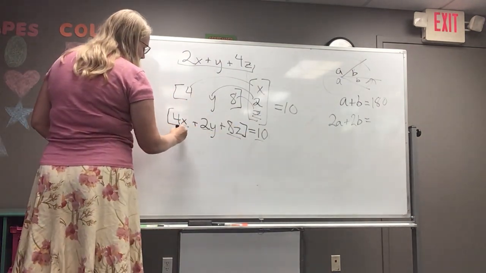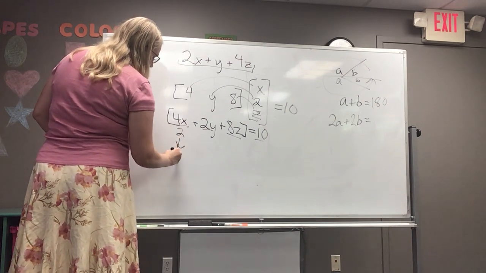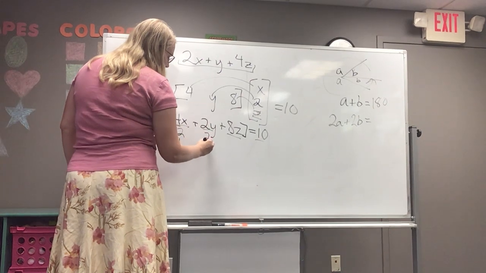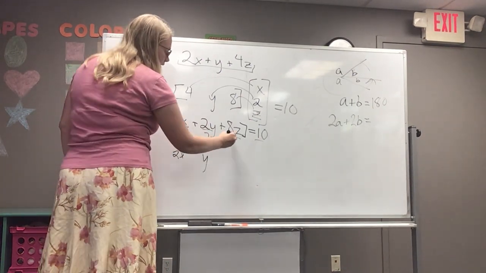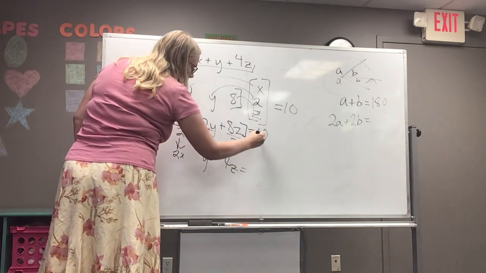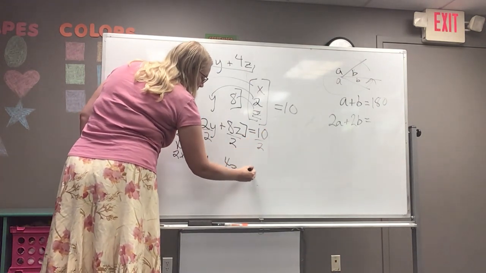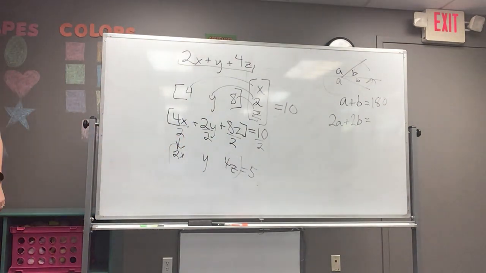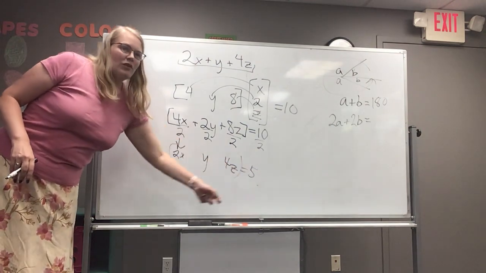Well, if we cut it in half, we get 2x. Cut it in half, we get 1y. Cut it in half, we get 4z. Cut it in half, we get 5. And so 2x plus y plus 4z is equal to 5.